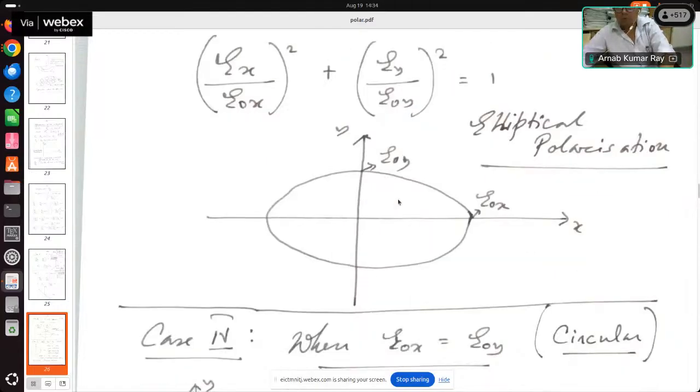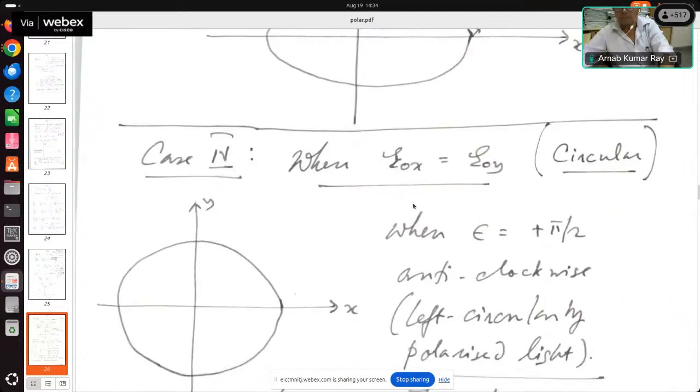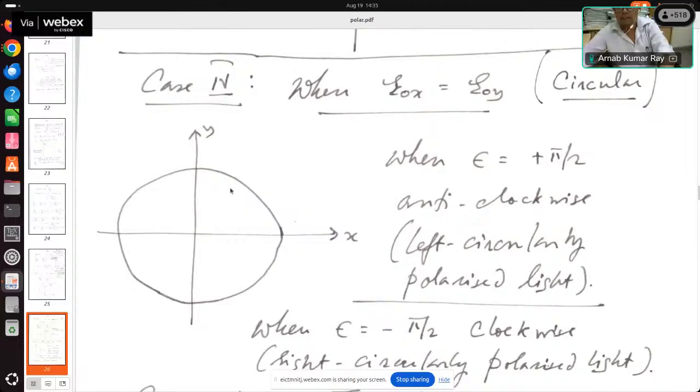Case 4 is a simple subset of case 3, where both E naught x and E naught y have the same value. In that case, it will be circular polarization, and the tip of the electric field vector will trace out a circle.